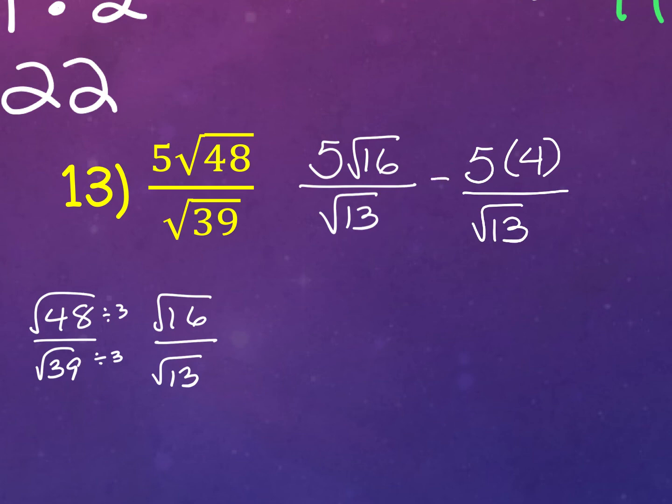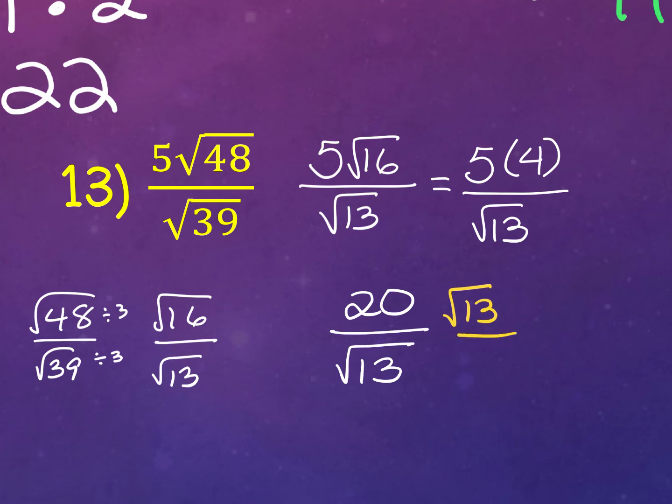I'm going to go ahead and multiply 5 times 4, and now have 20 over the square root of 13. Again, we can never ever leave a square root in the denominator, so again we need to rationalize. So in order to rationalize, I multiply both the numerator and the denominator by that bottom square root.